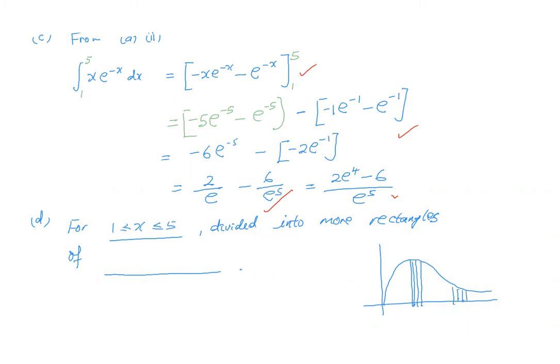More rectangles, this is 1, this is 5. Smaller rectangles of smaller width. But here you see, the overestimate is so much here. It still doesn't give me a better approximation. When I say more rectangles, definitely the width is smaller. But what should I do with the width? Can I just simply put any width I like for each rectangle? Equal width?